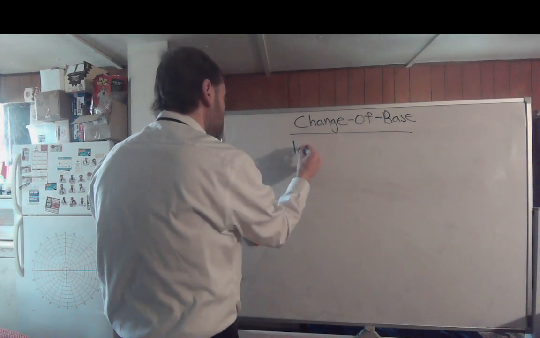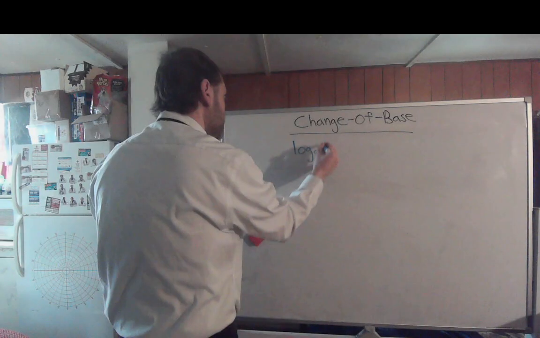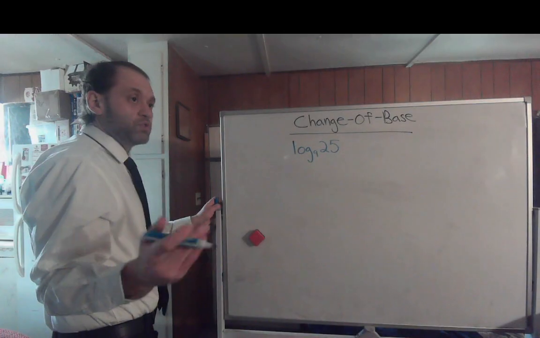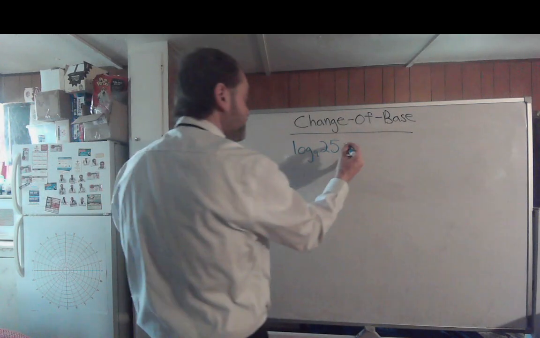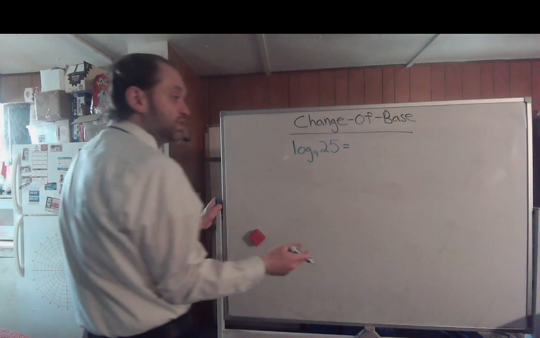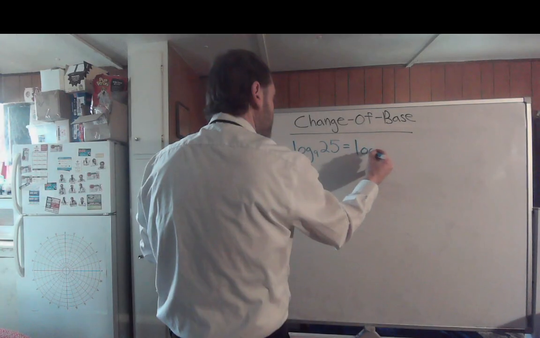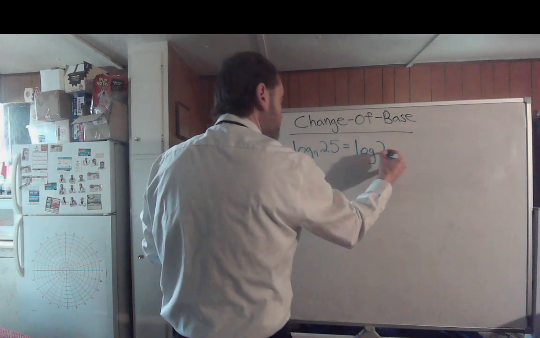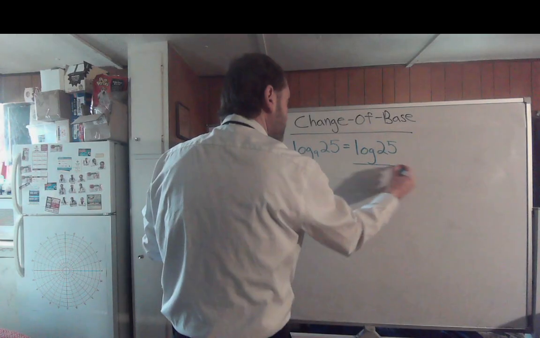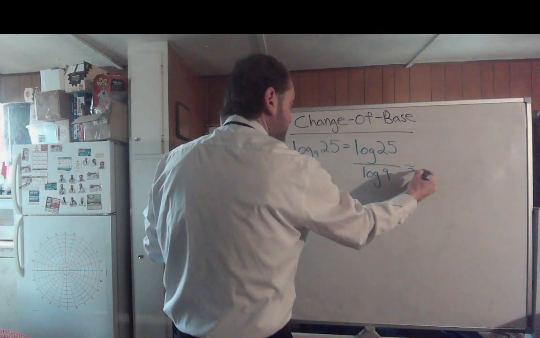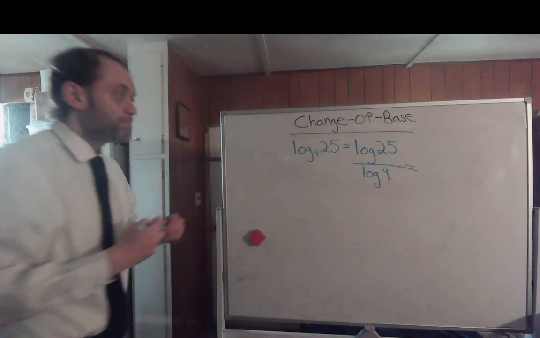All right. How about log base 9 of 25? Well, that can be the same as, let's use the common log. I'm feeling like it. Log of 25 over log of 9. That's how it's going to look in your calculator, which we know is log base 10.